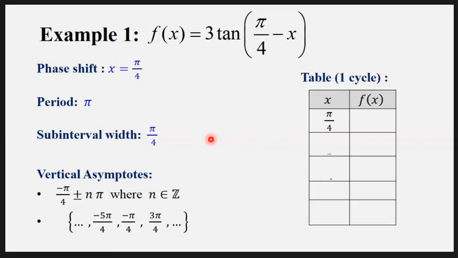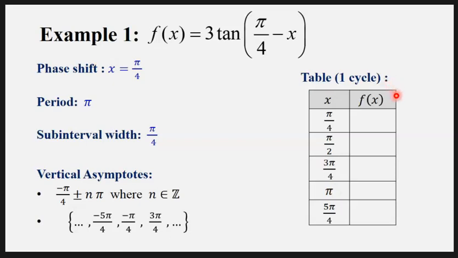Then for the next values, we add on the subinterval width. So I have π/2 for the next value, followed by 3π/4, then π, and at last 5π/4. These are the x values we use as reference for one cycle.